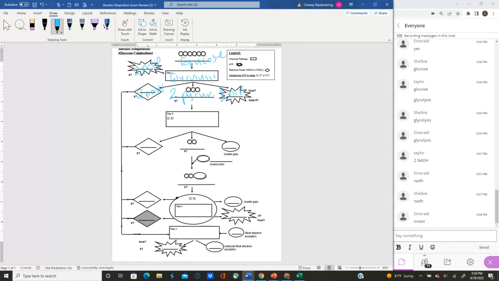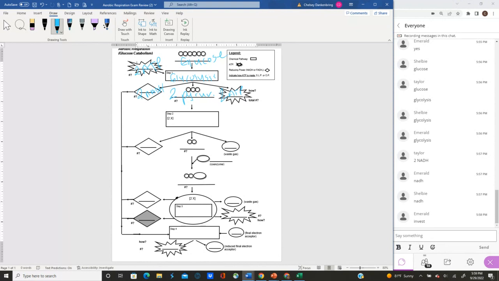So with glycolysis, we convert 1 molecule of glucose into 2 molecules of pyruvate. We also get 2 ATPs, which is usable energy, and we also get 2 forms of stored energy, which is NADH, okay? So looking at the little ATPs that we just made, notice it says how. Remember, this ATP is made in 2 different ways: substrate level phosphorylation and oxidative phosphorylation.